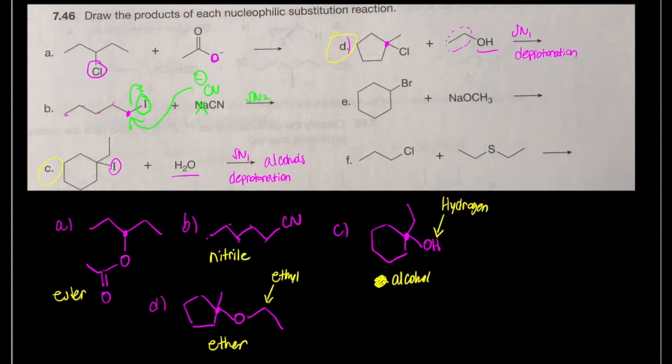In E, so what you need to do again is discard that sodium and write out the negative charge on your nucleophile, and this negative charge can attack this carbon right here. I like to put a dot on it usually, and it can kick off the halogen.